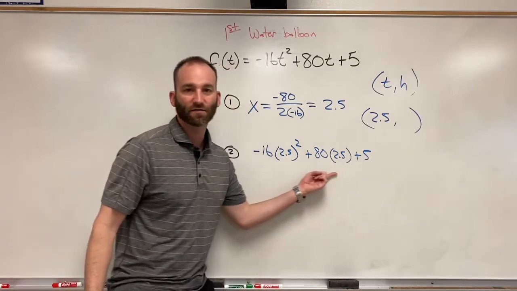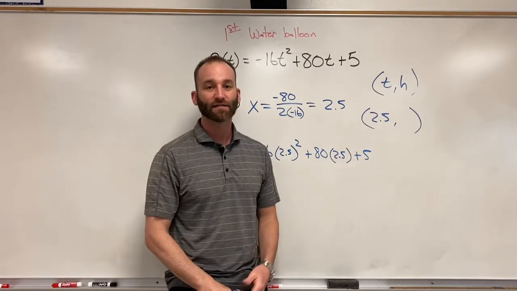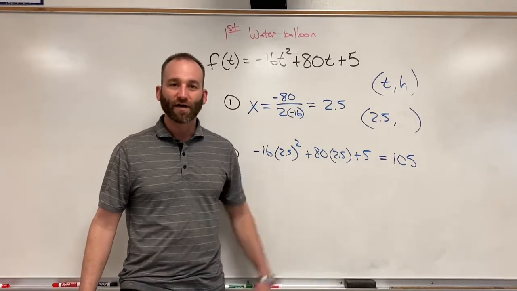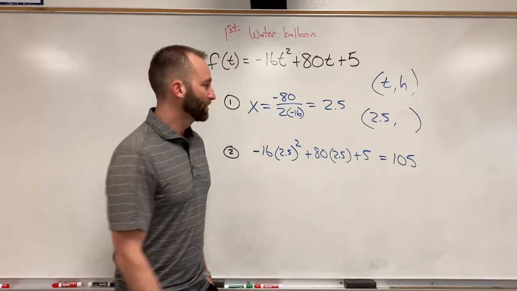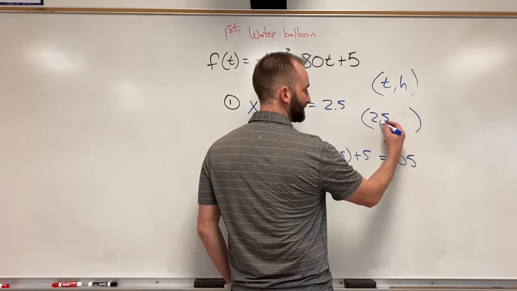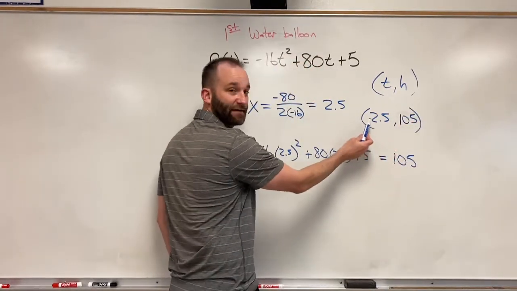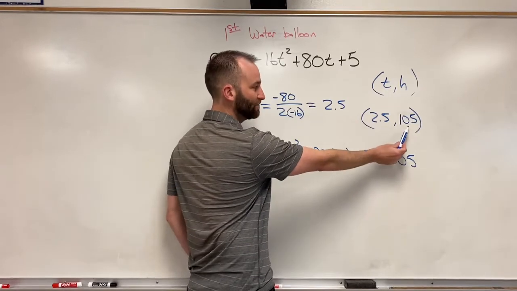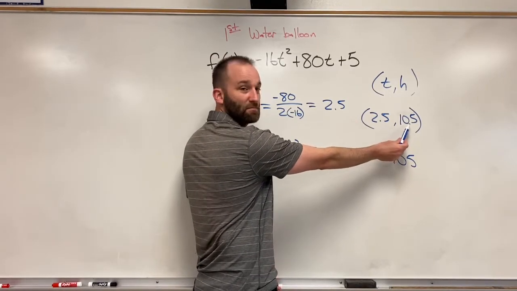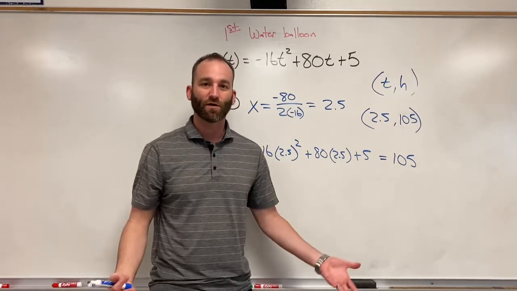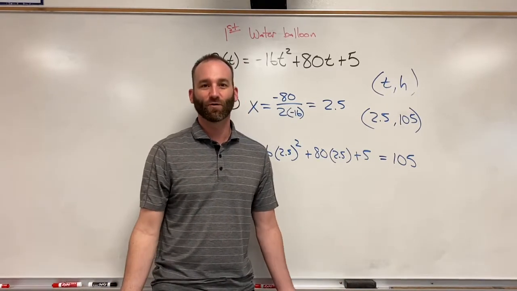Again, I can type all of this into my calculator, which is really nice, and I get my answer, which is 105 feet. So right here, our vertex is at 2.5, 105, which means it took 2.5 seconds for the water balloon to reach 105 feet in the air. That's the maximum height. Obviously, if the second water balloon was around a 130, the second water balloon went higher.